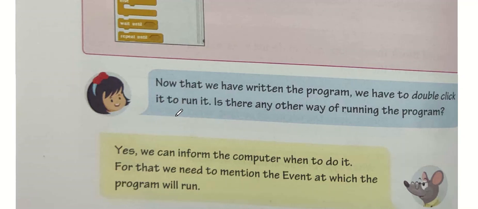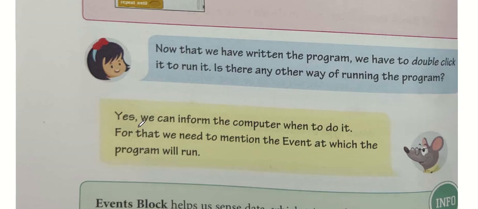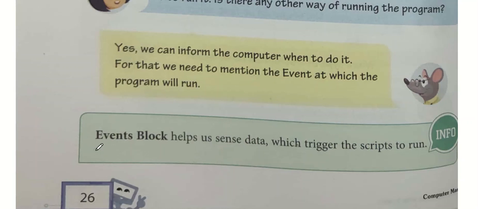Then Jyoti says, now that we have written the program, we have to double click to run it. Is there any other way of running the program? Then Mose says, yes, we can inform the computer what to do. For that, we need to mention the event at which the program will run. So here another block comes into existence, and the name of this block is the events block.